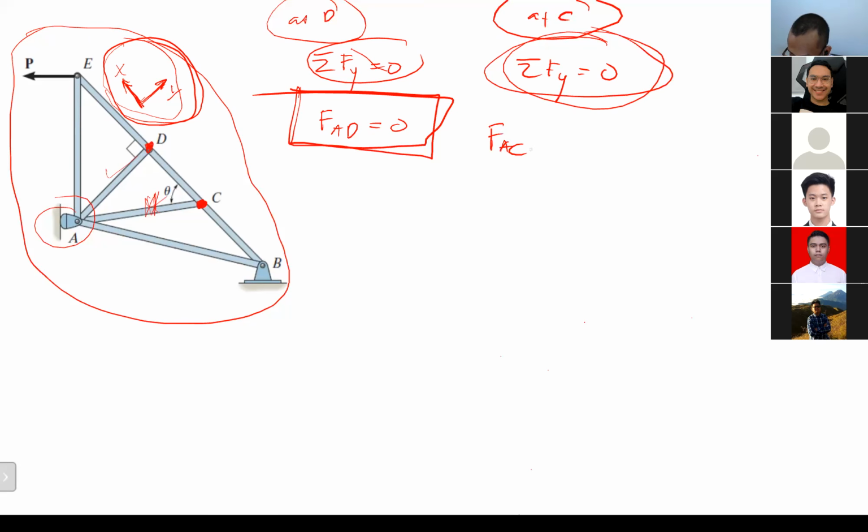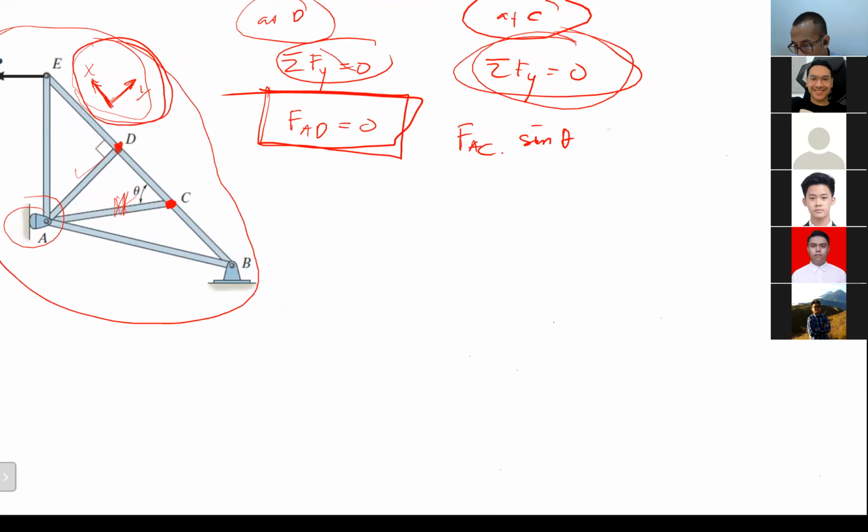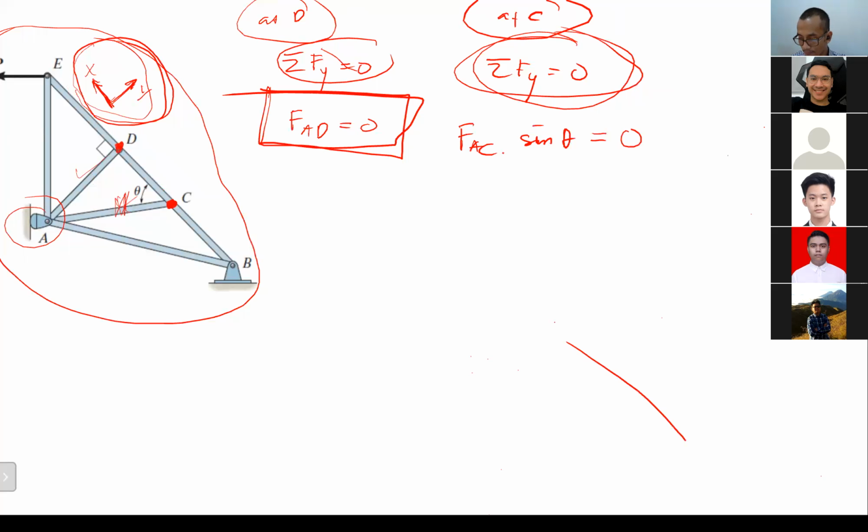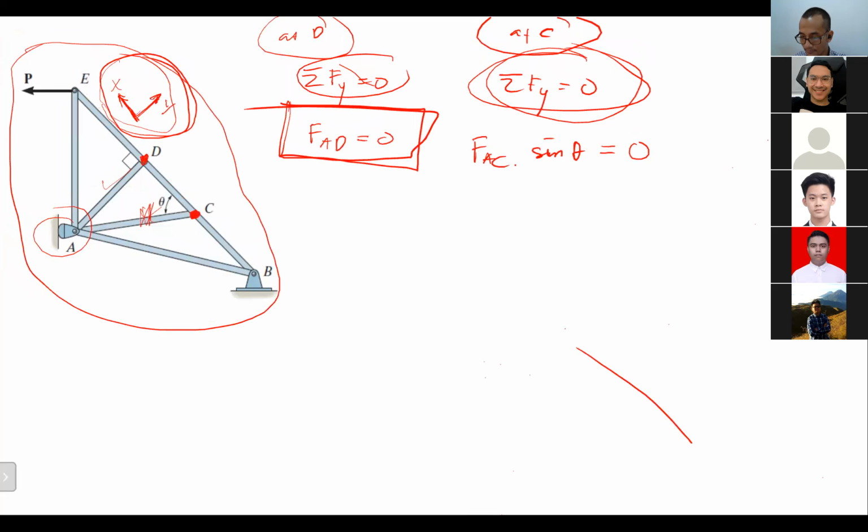So FAC sin theta is the force in the Y component, right? And it's the only one at C, right? There is nothing else. That's why it must be equal to 0. But FAC itself is not equal to 0? If FAC sin theta equals 0, can I divide both sides by sin theta? Then FAC itself is 0.